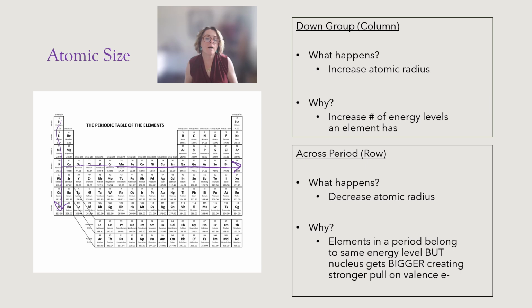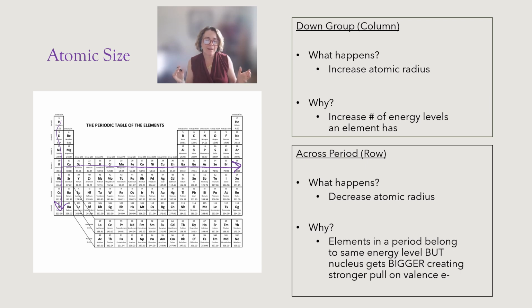The reason why is the elements in a period belong to the same energy level, but remember that the nucleus is getting bigger. So for example, potassium has 19 protons. Calcium has 20 protons. The electrons for both potassium and calcium sit in the same energy level, so technically the same distance away.